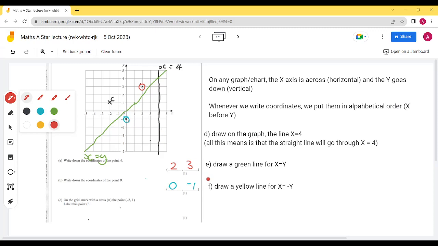So if as x goes up, y goes up, it's called a positive correlation. You're going to have a line sloping upwards. If x equals -y, it's just going to do the opposite. So it's going to go downwards. So it means as x is -5, y is 5, x is 5, y is -5, and again you're just going to have this yellow line going through down here. So you can mark that as x equals -y.